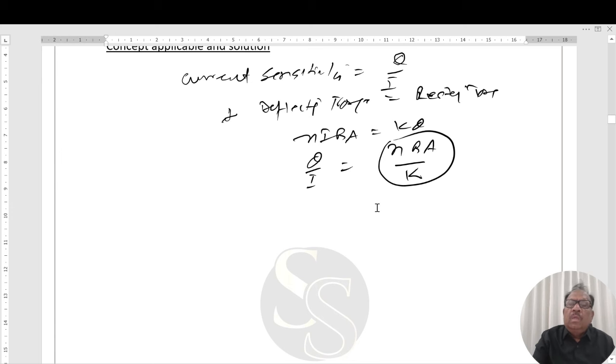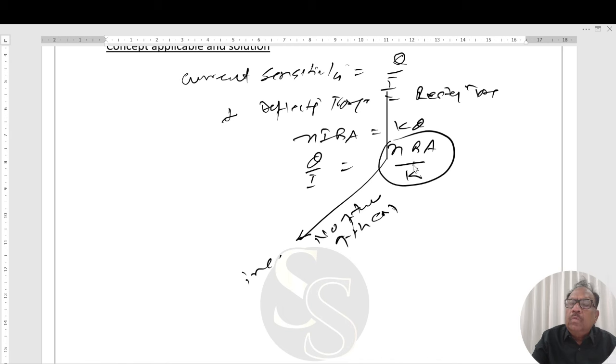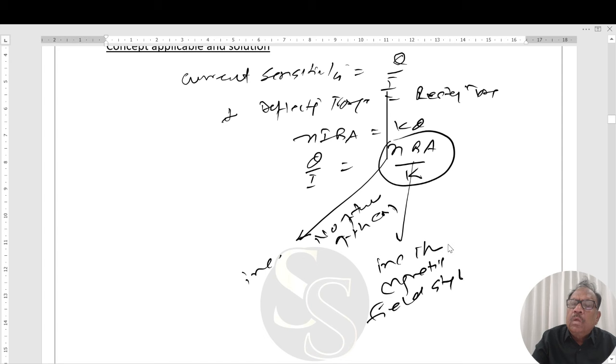This can be increased by increasing the number of turns of the coil, increasing the magnetic field strength applied, and increasing the area of cross section of the coil.